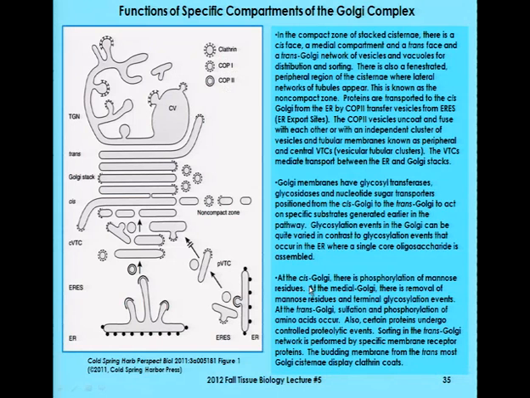Now, at the cis side of the Golgi, there's phosphorylation of mannose residues. This is important to note. At the medial Golgi, there is removal of the mannose residues and terminal glycosylation events. At the trans Golgi, there is sulfation and phosphorylation of amino acids.